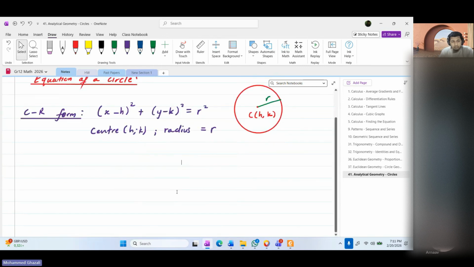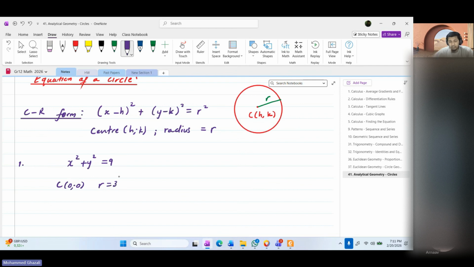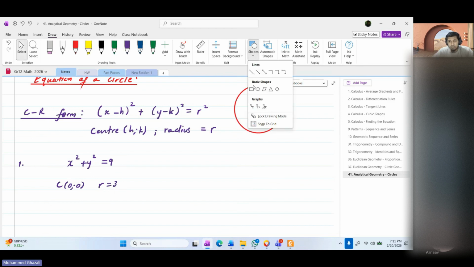Now, let's take an example. We want to sketch the circle with equation x squared plus y squared is equal to r squared, right? x squared plus y squared is equal to 9, right? Now, if we want to sketch this, it's basics, because looking at this original form, the center is (0, 0), and the radius is equal to 3. So what will the equation of the circle look like?